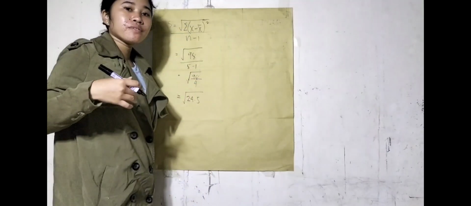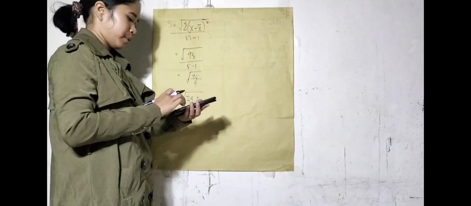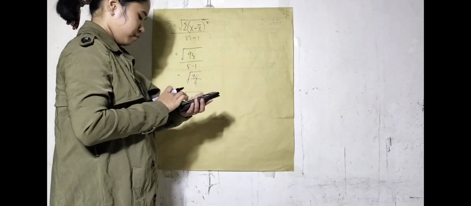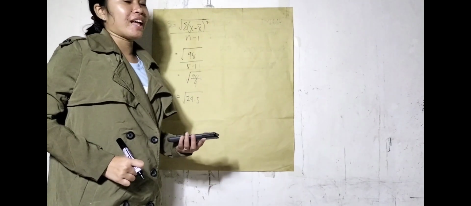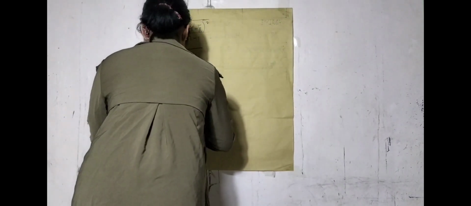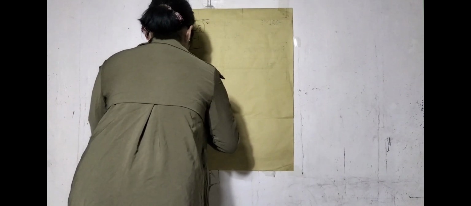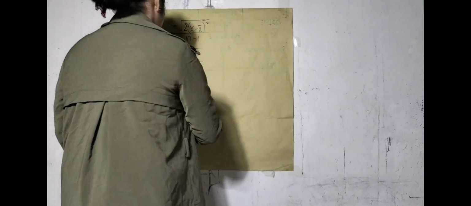Now, we are going to find the square root of 24.5 using a scientific calculator. Our final answer for the standard deviation of the sample data for this problem is 4.95.